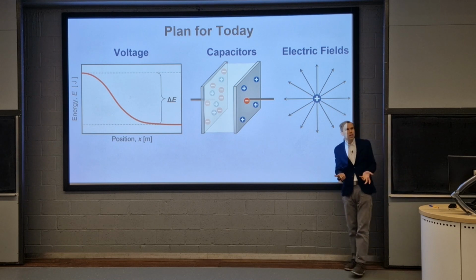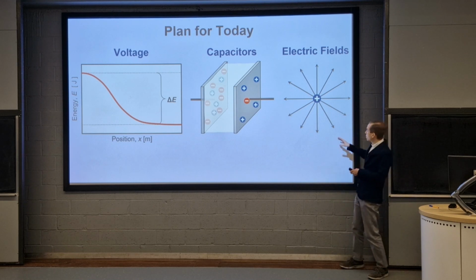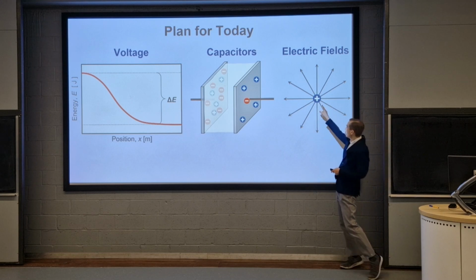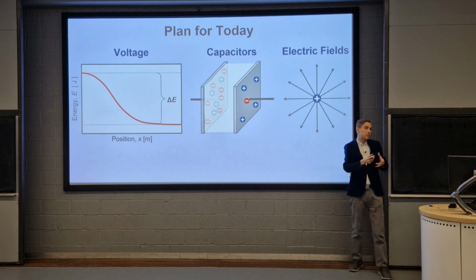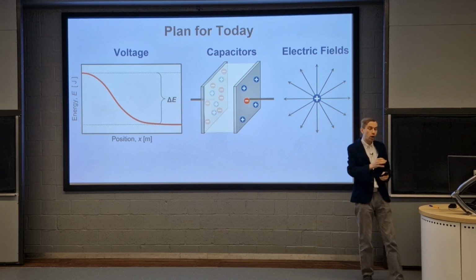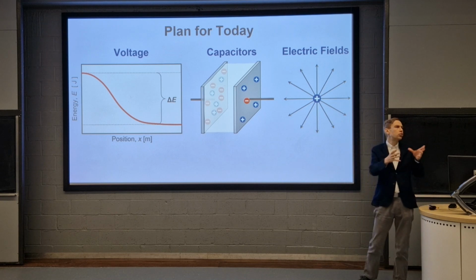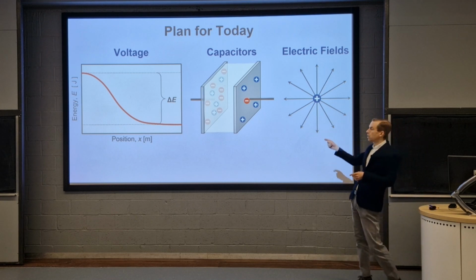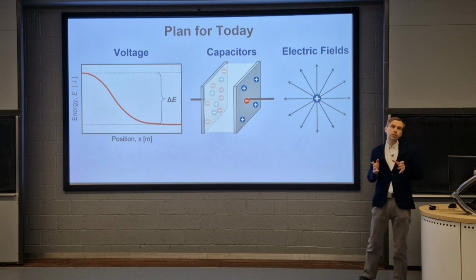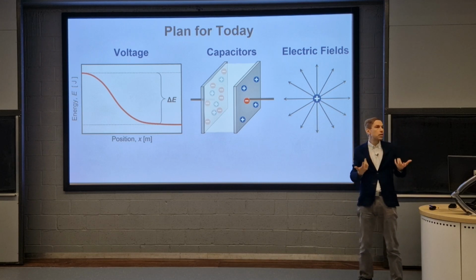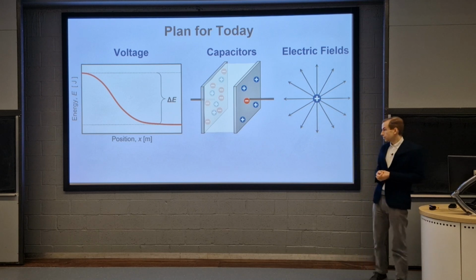So what we saw last time was a way to build the electric field due to one point charge in space. But very often in physics and engineering, we don't just have one point charge, we have an interesting distribution of charge, like in a capacitor, that's not just a point charge. And we want to be able to understand the physics and the dynamics of what's going on there.